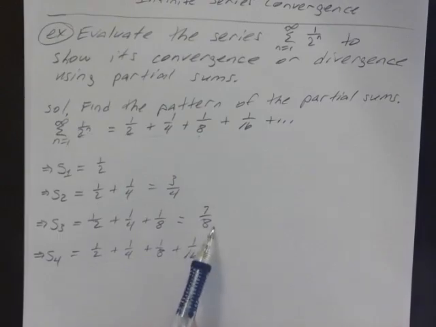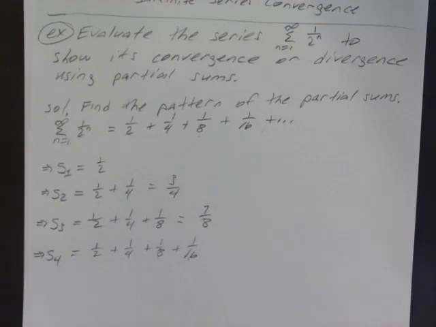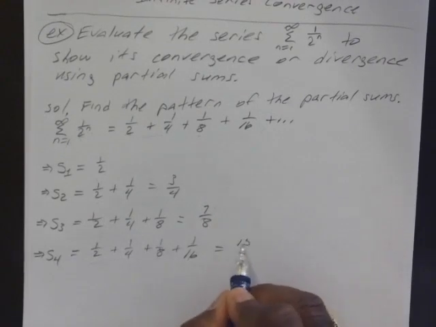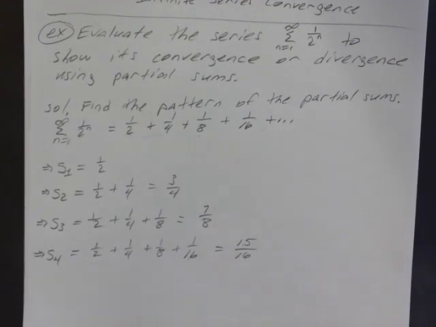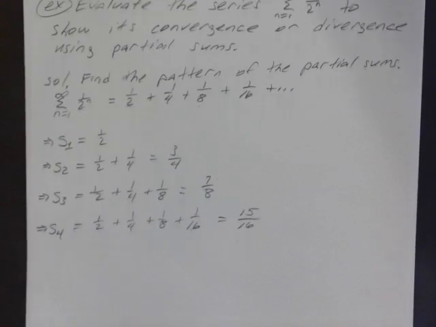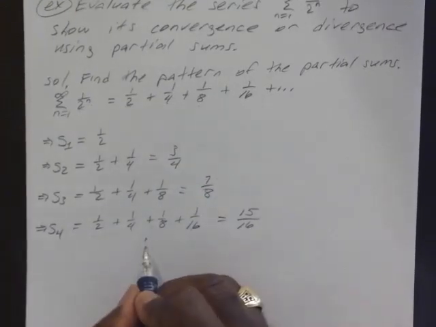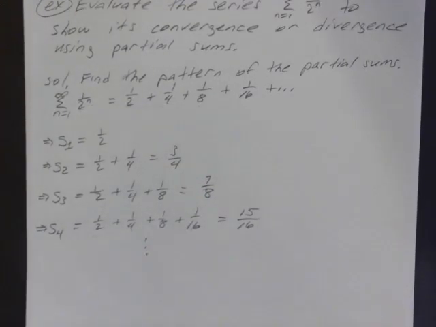So you have 14 over 16 plus 1 over 16 is 15 over 16. And again, we just keep on going and going.